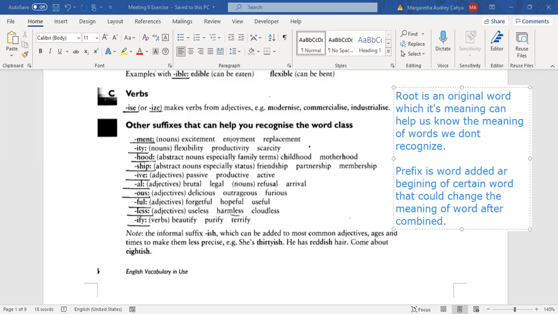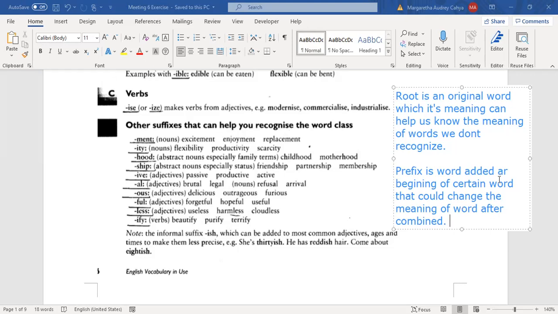Begitu. Jadi, kalau prefix itu ditambah pada beginning, di depan suatu kata, itu bisa merubah kata tersebut menjadi suatu arti yang lain.